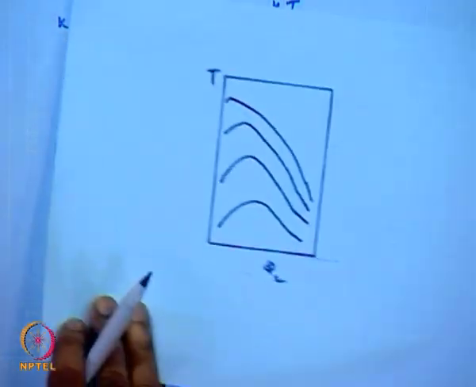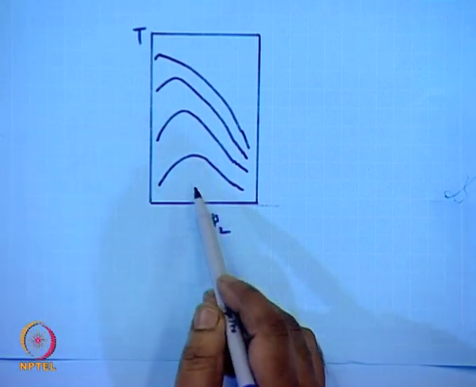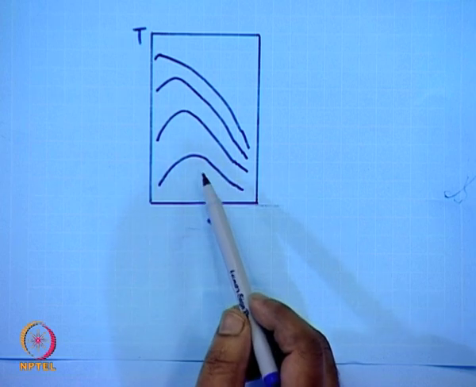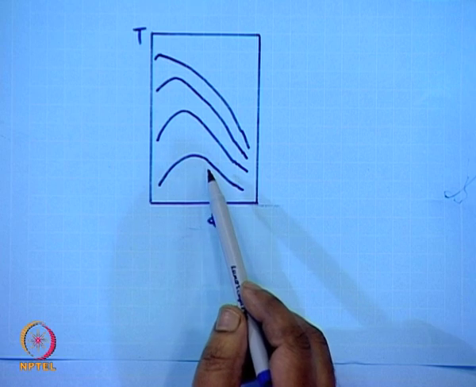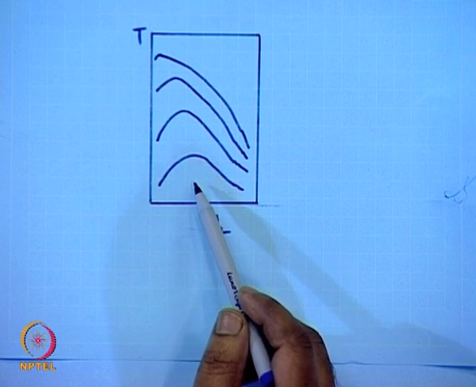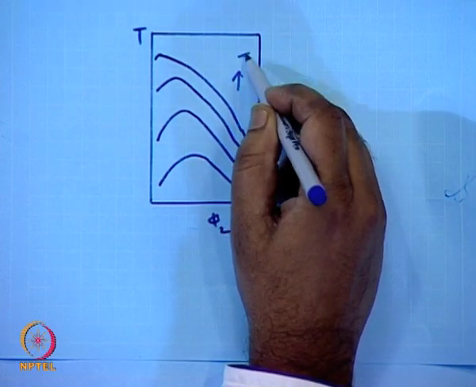So, we can plot these two. We can see what we have observed. This is the experimental curve observed for solutions having polymer and solvent having upper critical solution temperature. So, this is temperature.